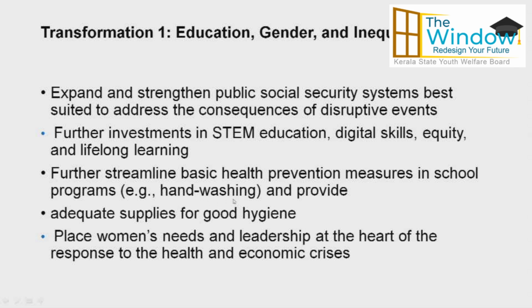Third, further streamline basic health prevention measures in school programs, for example hand washing, and provide adequate supply for good hygiene. Place women's needs and leadership at the heart of the response to the health and the economic crisis. So these are the major decision making aspects related to education, gender and inequality.